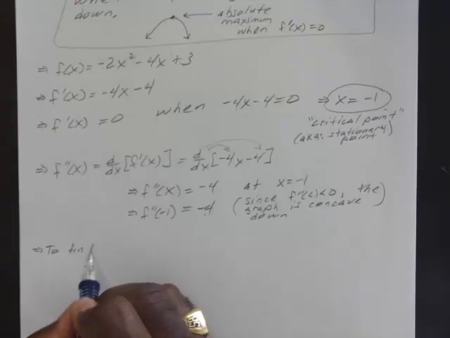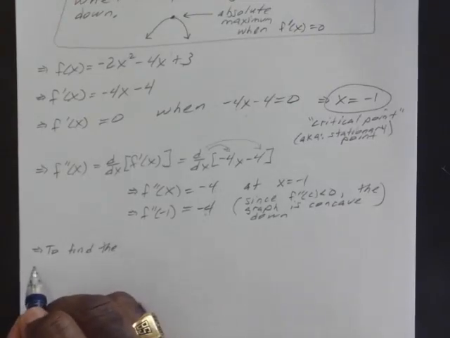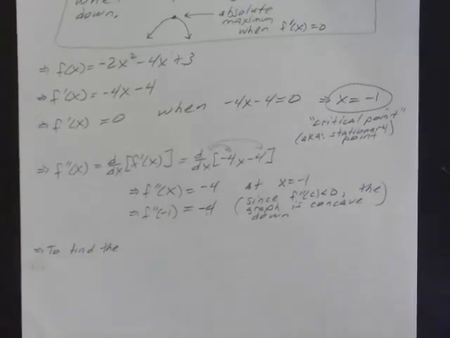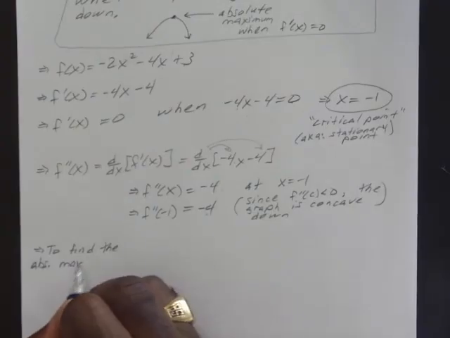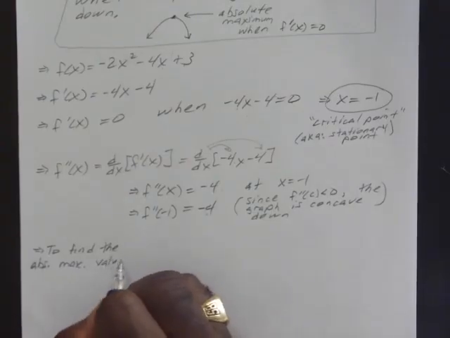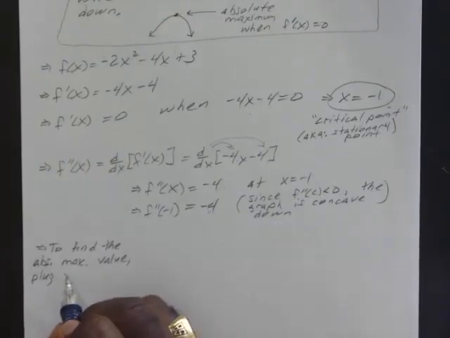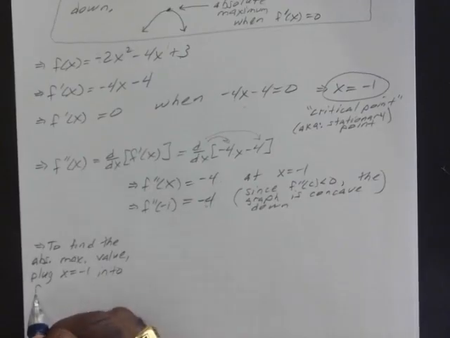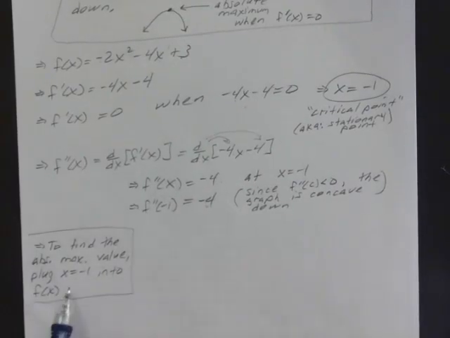Okay, so to find, I guess you can call that the absolute maximum value, plug x equals -1 into our original f of x function. Not the derivative, but the actual f of x.